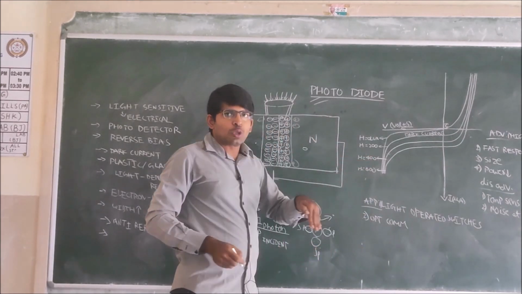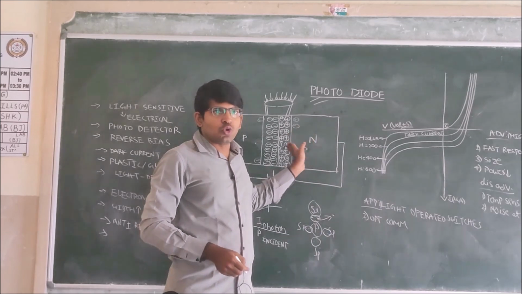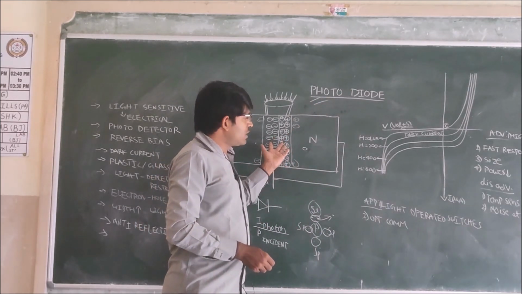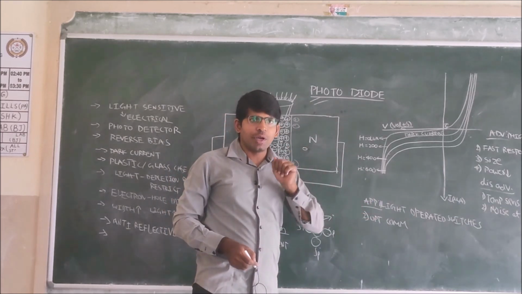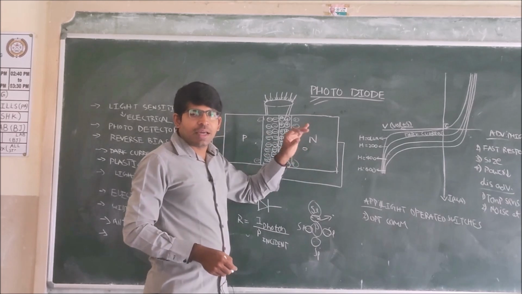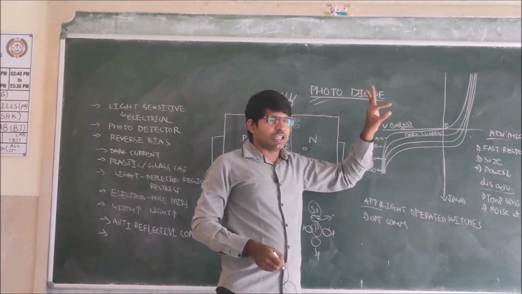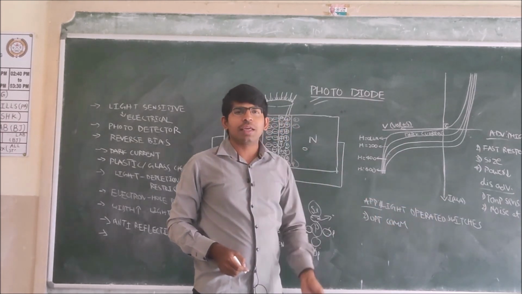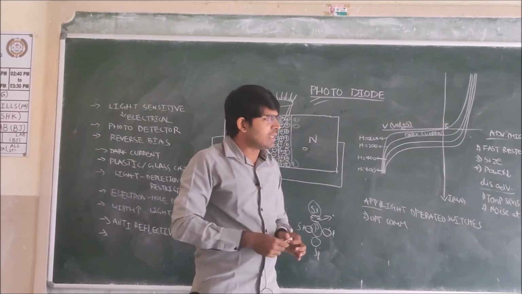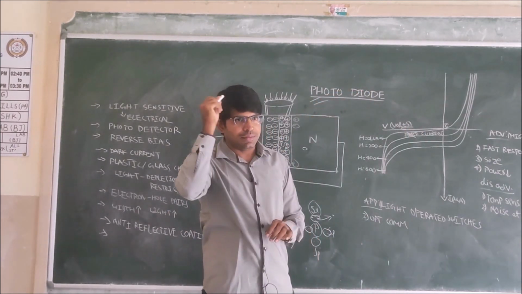Because there is no incident light, this region behaves like an insulator only, and the current due to the minority carriers is very small. This reverse saturation current we call the dark current. This indicates there is no light in this condition.